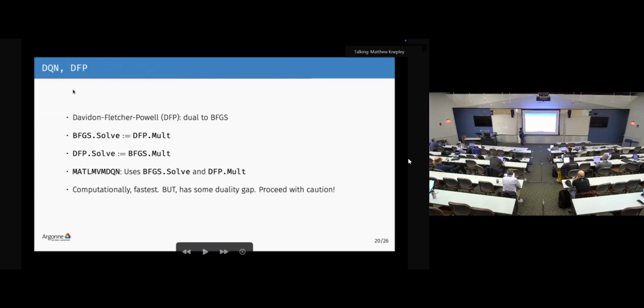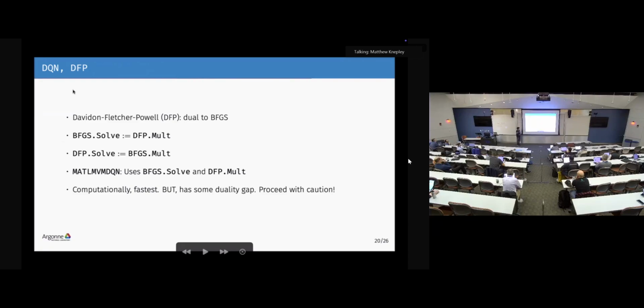So we have this implementation called MAT-LMVM dense quasi-Newton. So BFGS mult has Cholesky. On the flip side, DFP solve has Cholesky. But okay, what if we don't use the Cholesky version, and only use the good side? Okay, so this guy doesn't have Cholesky and this guy doesn't have Cholesky, and they're all level 2 blocks. So that's what we call dense quasi-Newton.